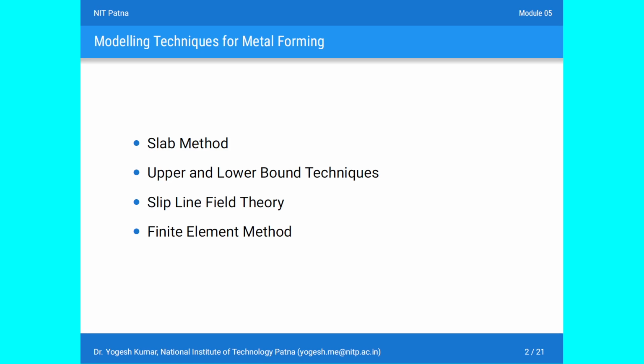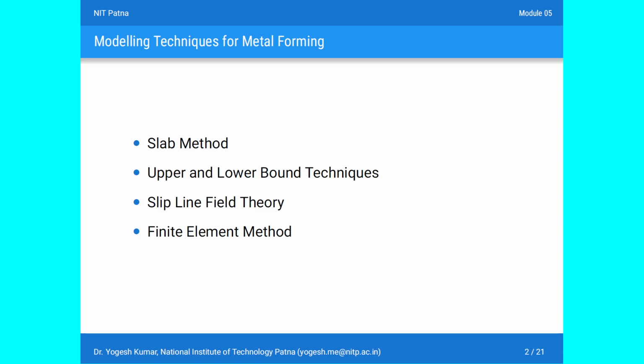So before starting the slab method, why do we actually go for mathematical modeling of metal forming processes? The reason is that for a plastic deformation problem, we need to find out the exact solution.